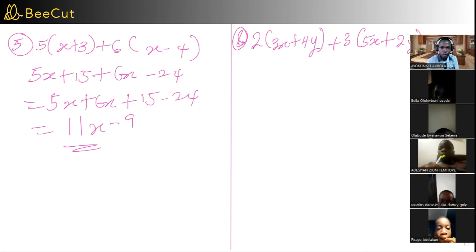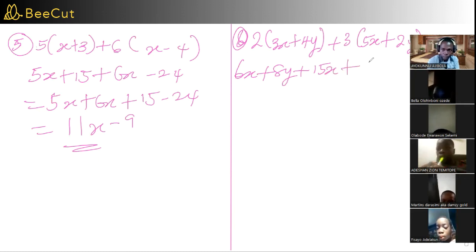So all I have here, use 2 to open the first, use 3 to open the second, then simplify. 2 times 3x is 6x, and 2 times 4y is 8y. Then 3 times 5x is 15x, and 3 times 2y is 6y. As I have this, I bring the x's together and the y's together.